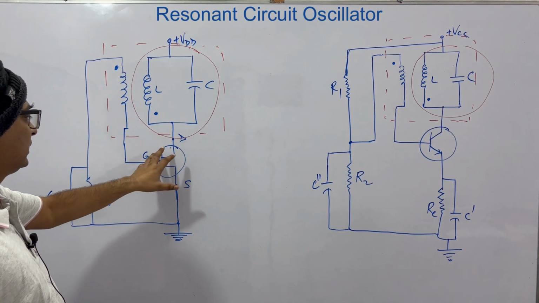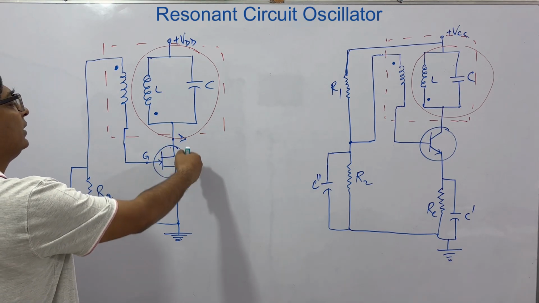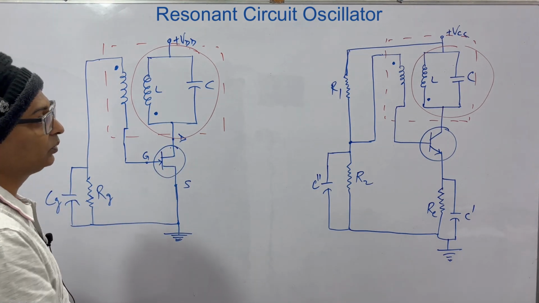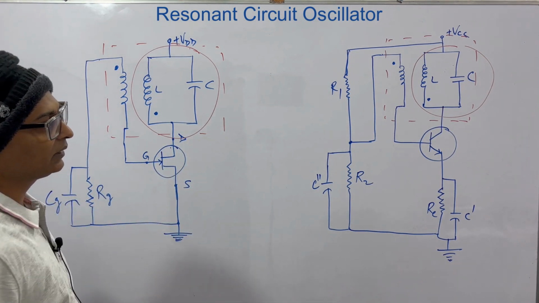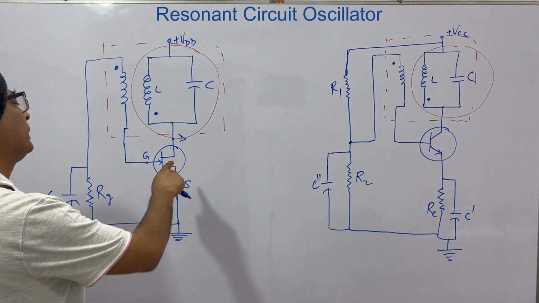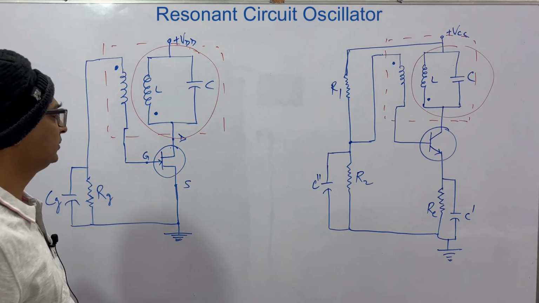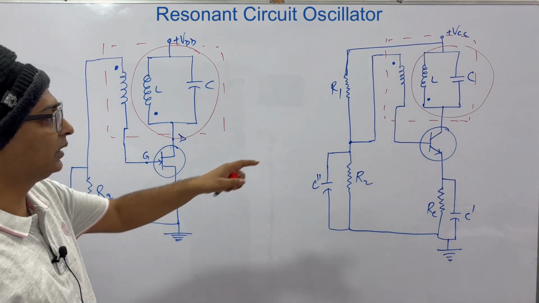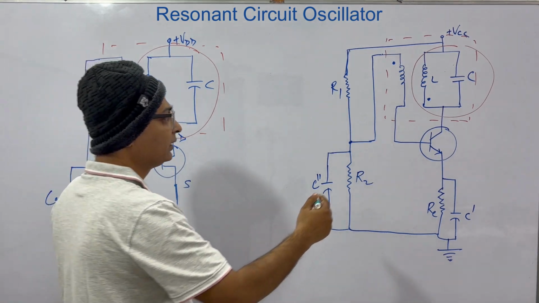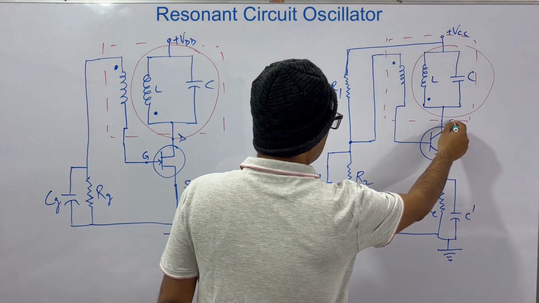Then the gain creates the next 180 degree shift. You know, both in this and this case the gain is negative. So the next 180 degrees is created by drain to source, and in the BJT you have collector to emitter. Clear?